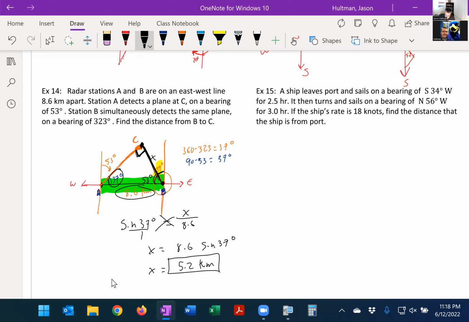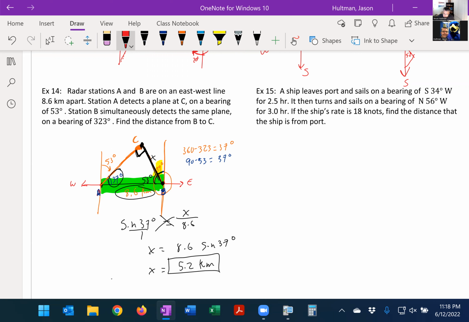That's how far station B is from the plane at point C. We could figure out how far A was from C if we really wanted to, by doing the exact same thing, but using the 53-degree angle instead of the 37-degree angle. But the problem didn't ask for that, so I'm not going to do it.